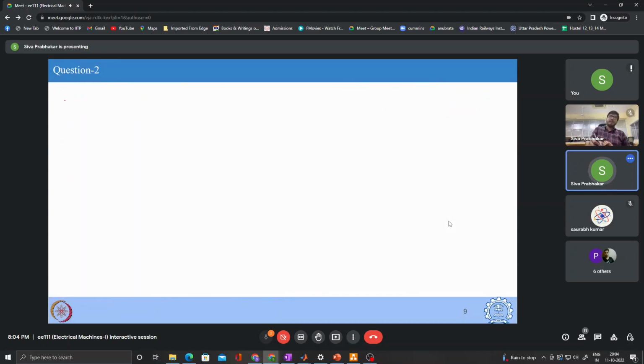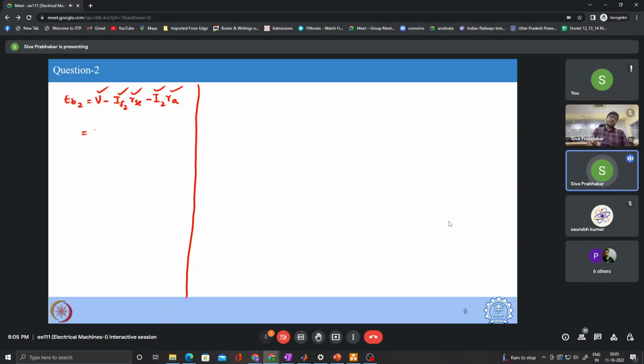So if I am rearranging it, EB2 is nothing but V minus IF2 RSC minus I2 into RA. So in this particular expression, we have the value of V, we have the value of IF2, we have the value of RSC, we have the value of I2, we have the value of RA. So everything is known to us.